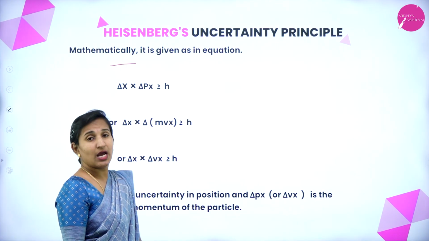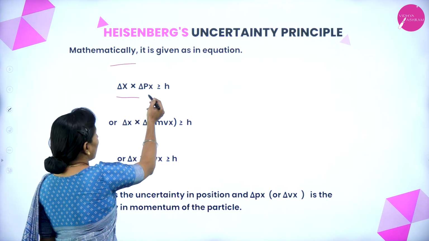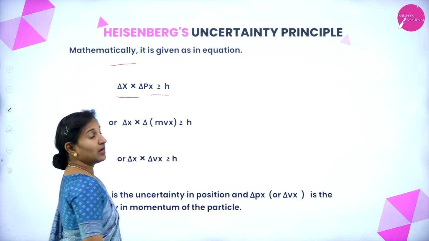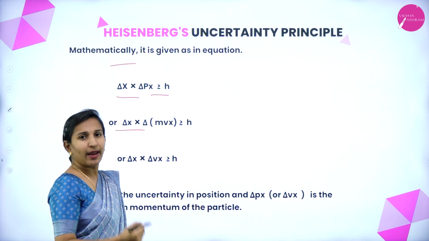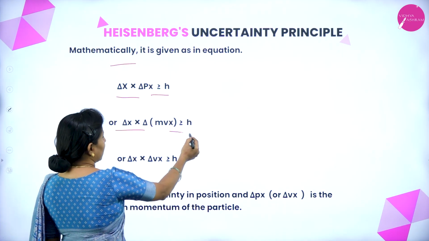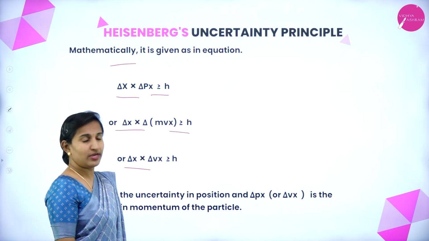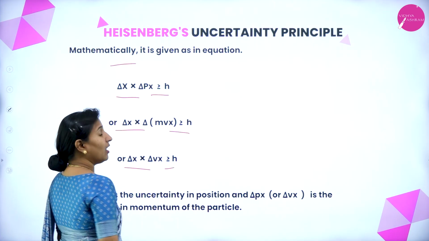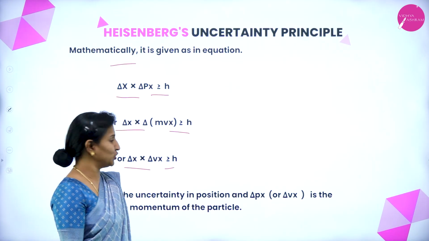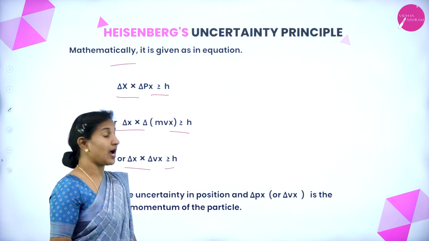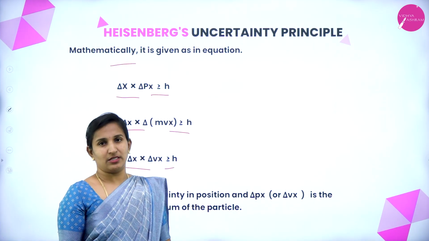Mathematically, it is given as delta x into delta p x is greater than or equal to h, or delta x into delta m v x is greater than or equal to h, or delta x into delta v x is greater than or equal to h, where delta x is the uncertainty in position and delta p x or delta v x is the uncertainty in momentum of the particle.